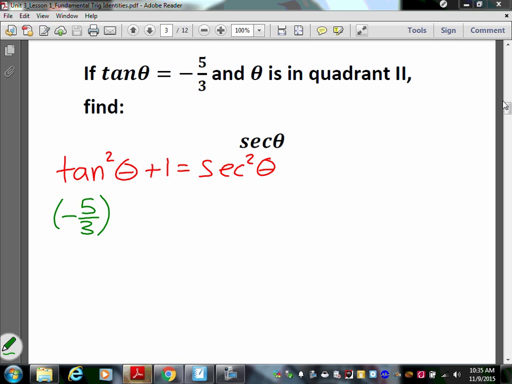This is tangent squared, so I have to square that -5/3. It's going to determine the sign of our plus or minus.